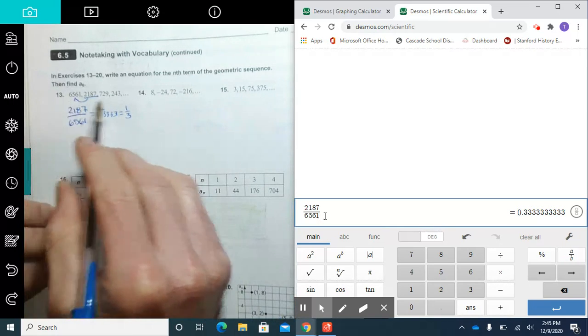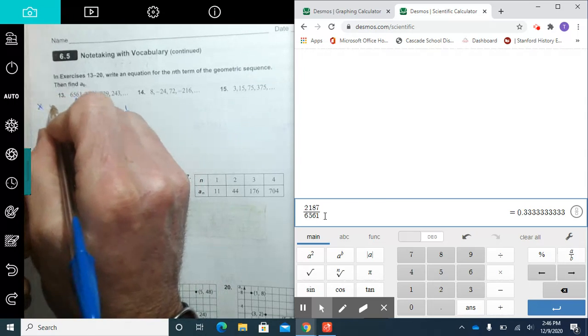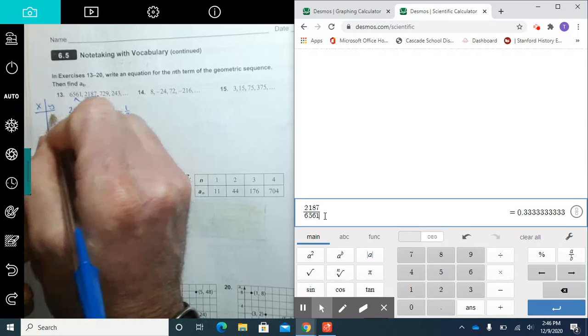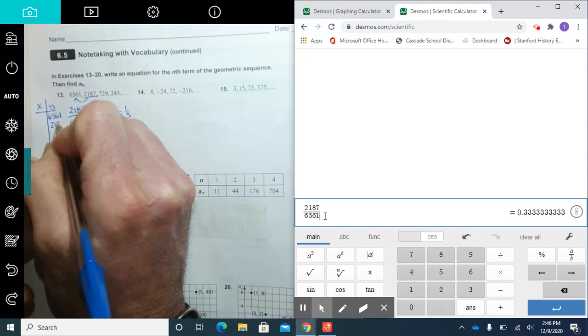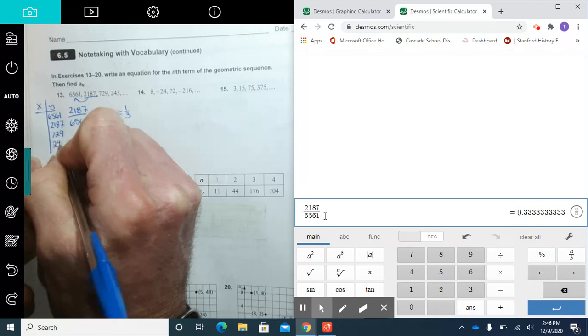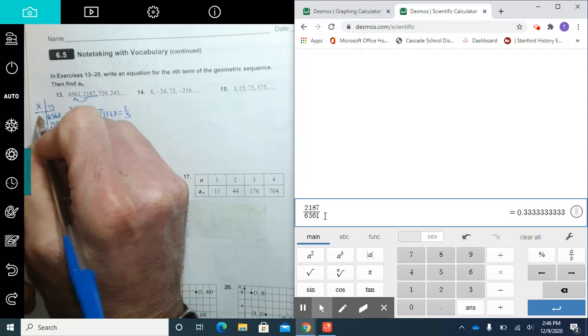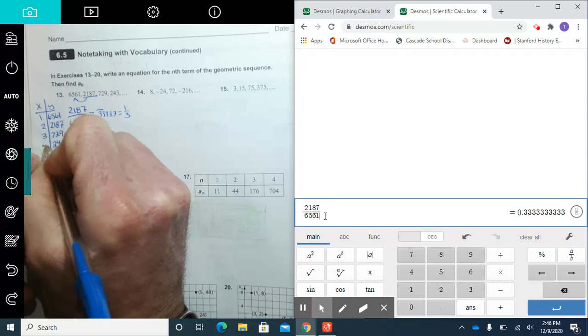So what I'm going to do is take these and put them in a table. So I have my x and my y. So I have 6561, 2187, 729, and 243. And that's my first term, my second term, my third term, and my fourth term.